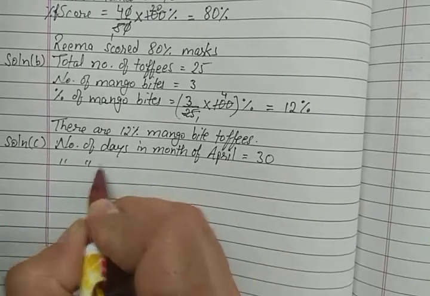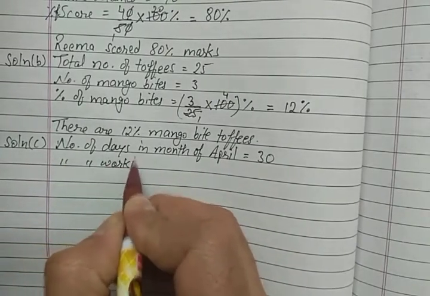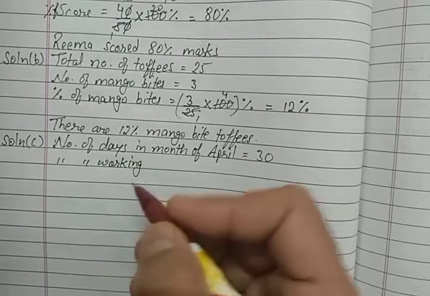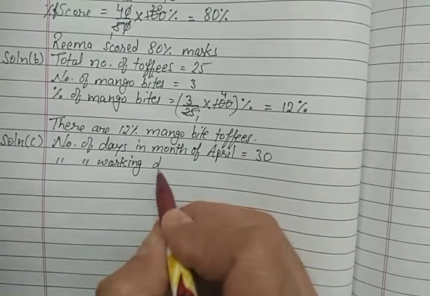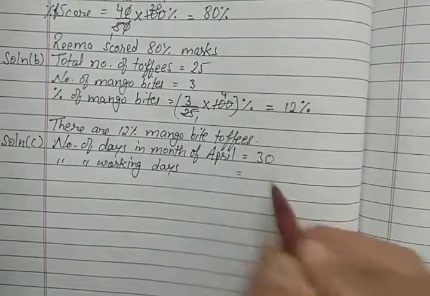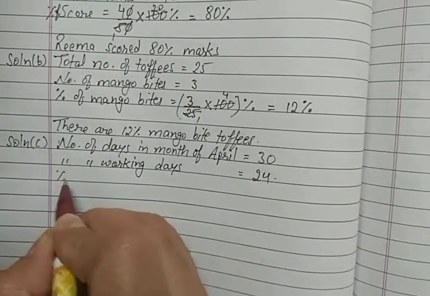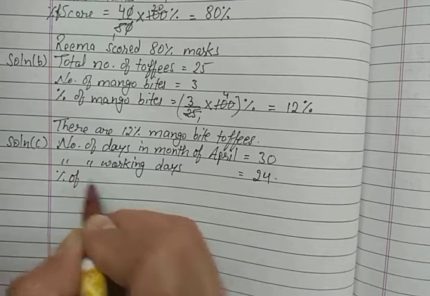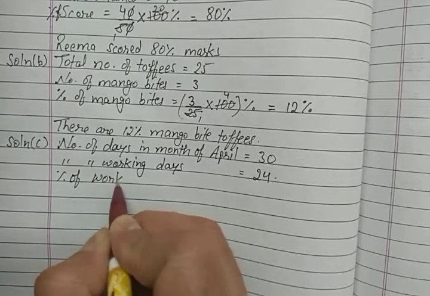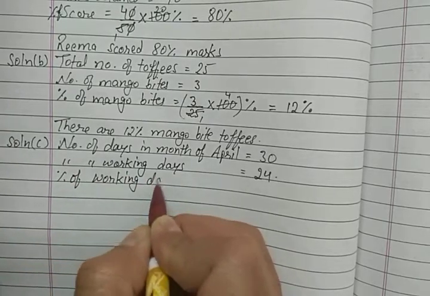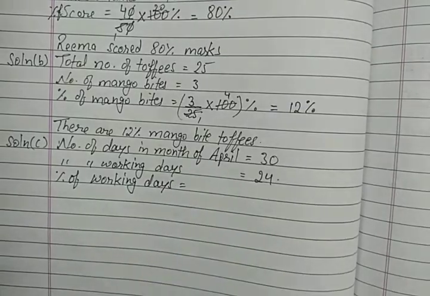And number of working days, or you can say school worked, that is 24. So we have to find out the percentage of working days. We have to find the percentage of working days.